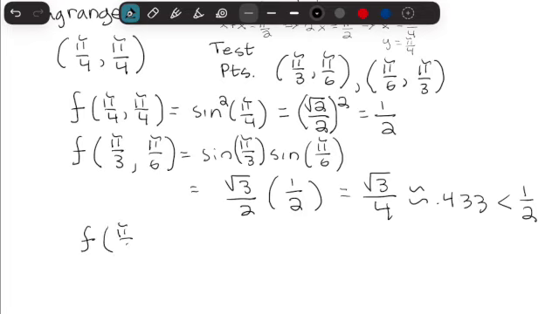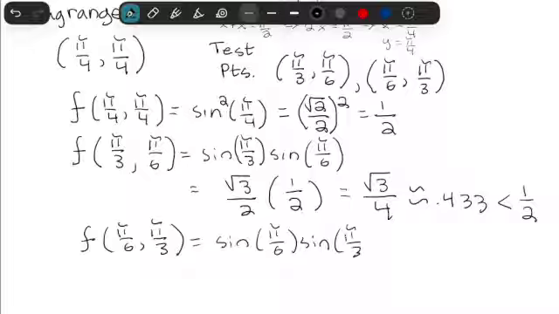And then let's check the point on the other side. So this one is pi over 6, comma, pi over 3. Sine pi over 6 times sine pi over 3. And we already know that that's going to equal the same exact thing.